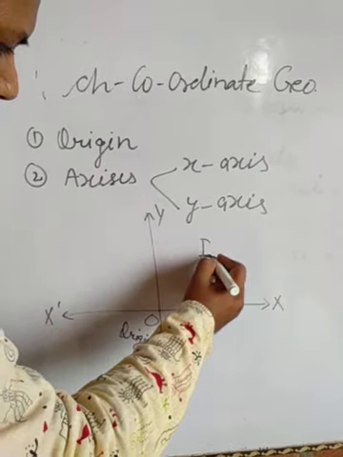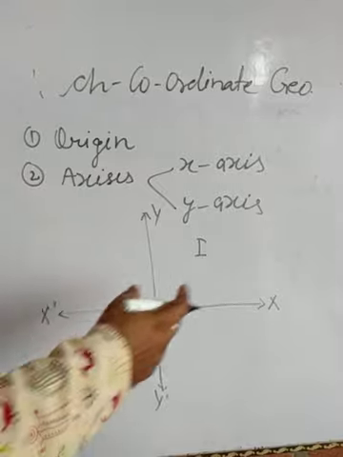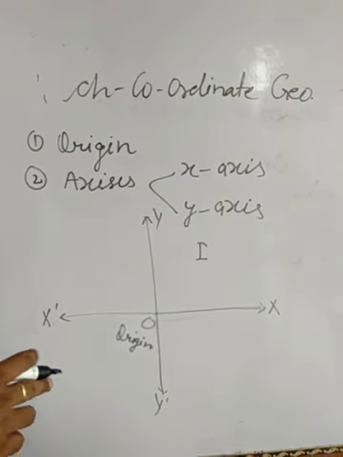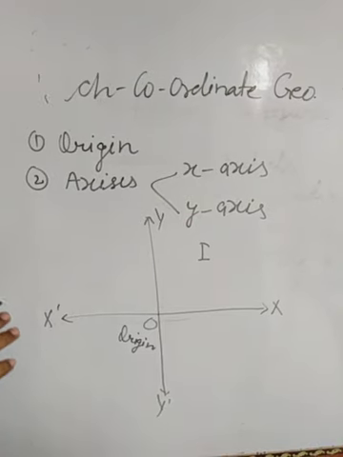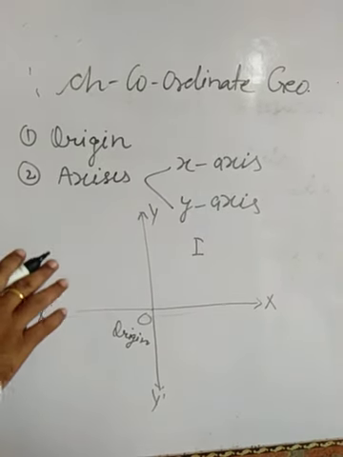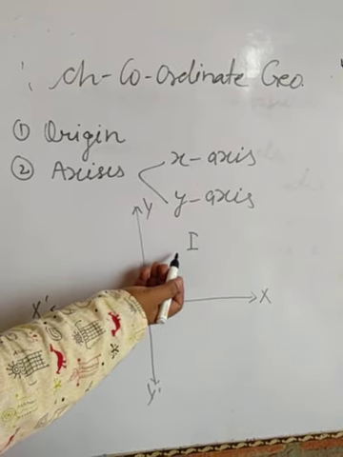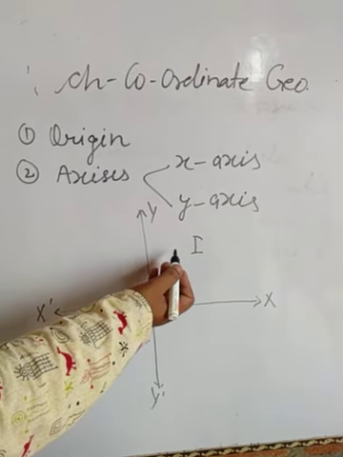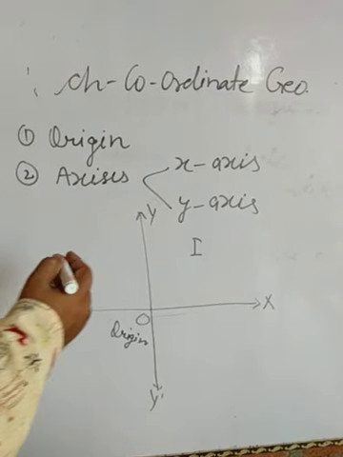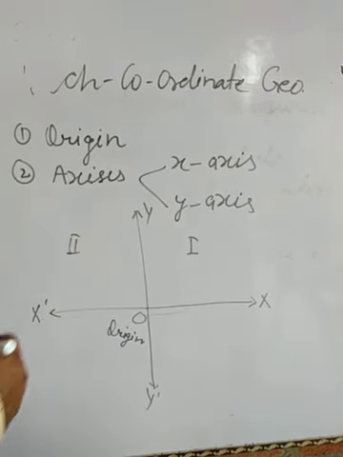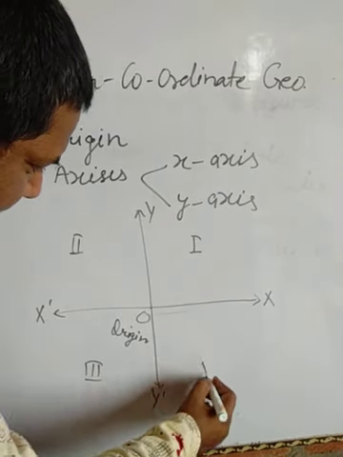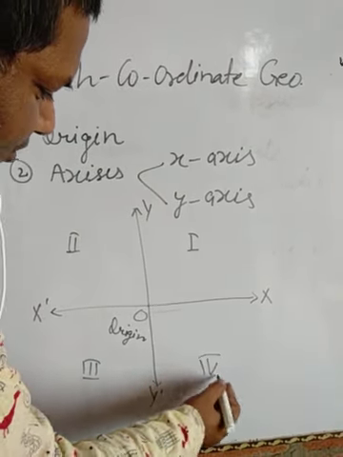This is the first quadrant, because both the axes x dash and y dash divide the entire plane, or the entire whiteboard, or the entire surface, into 4 sections. So this section is known as the first quadrant. The specific name is a mathematical, or you may say scientific, name. This one is the second quadrant, this is the third quadrant, and this one is the fourth quadrant.